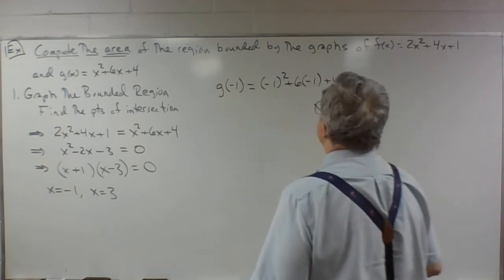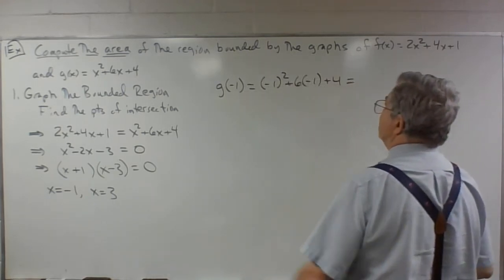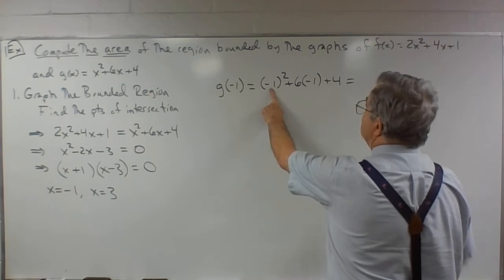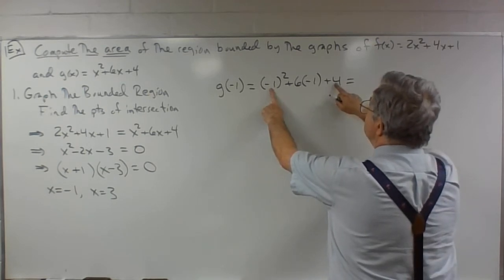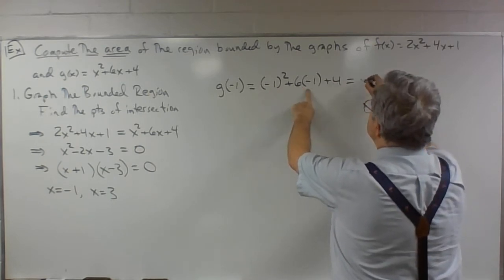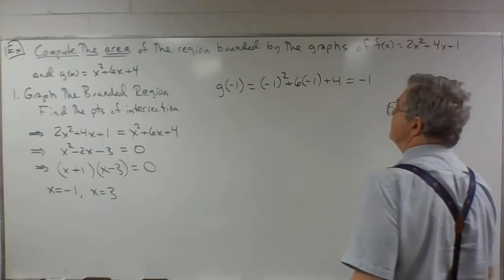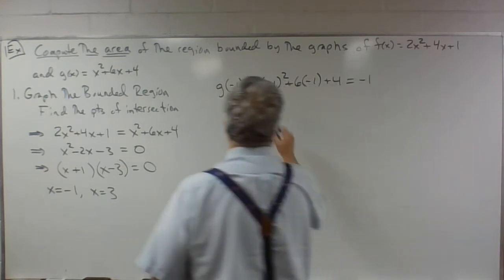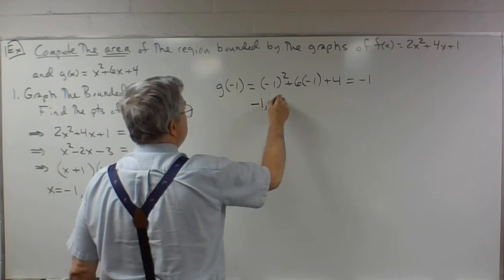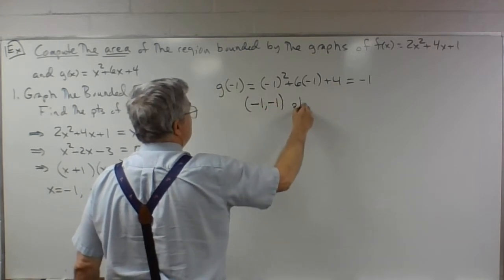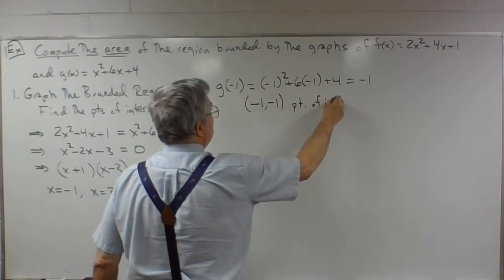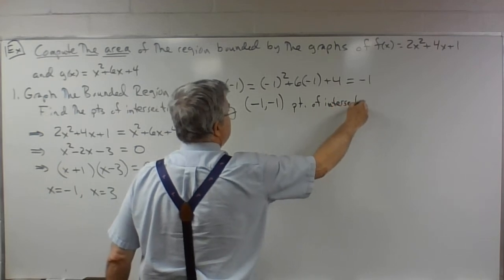And let's see, negative 1 squared is 1, plus 4 is 5, minus 6 is negative 1. Okay. Negative 1, negative 1. Point of intersection.